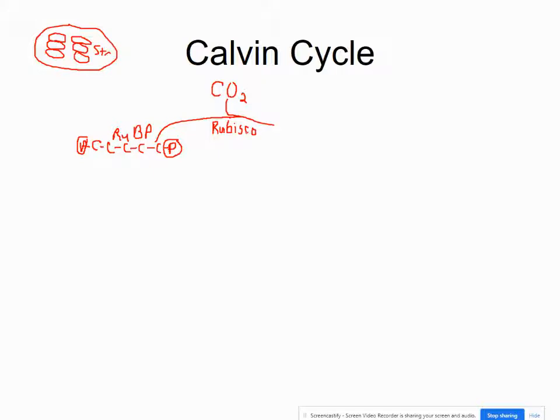And these two are going to come together to form a very unstable 6-carbon sugar. So we had 5 here, we've added 1 carbon here, 6 carbons. And this molecule is just very, very unstable, and it needs to split apart very quickly.